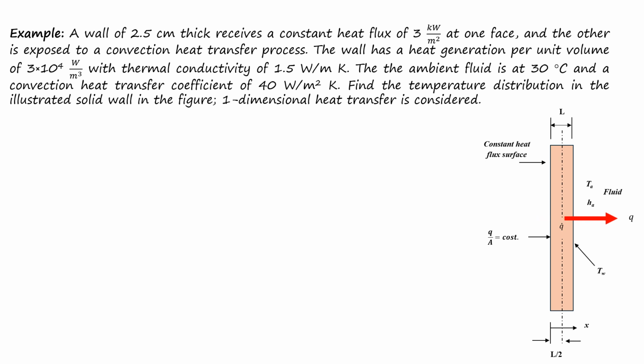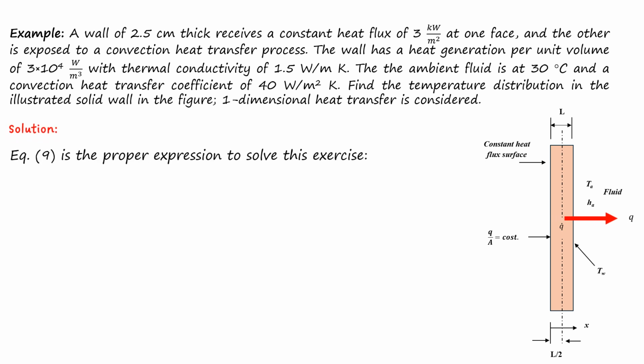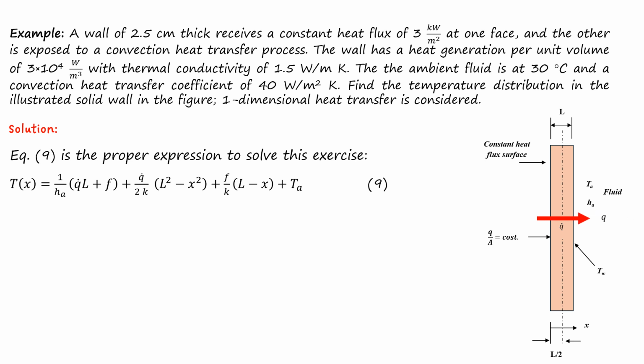The question is how to find the temperature distribution in this solid wall in one dimension. The solution for this one is equation 9, which we have already obtained in the previous example, and it can describe the temperature distribution, which is represented by T of x in terms of thickness, position, amount of heat flux, thermal conductivity of the wall, and the other parameters.